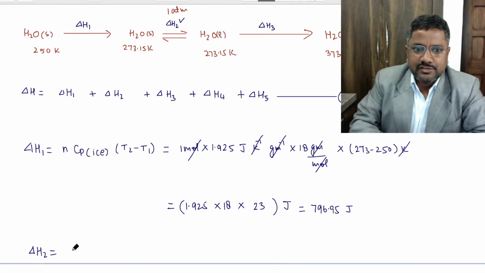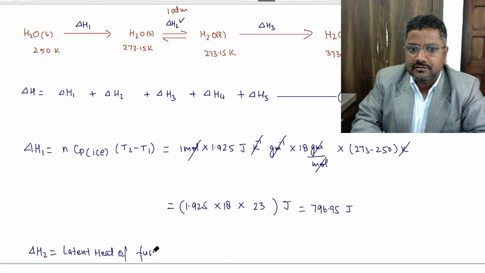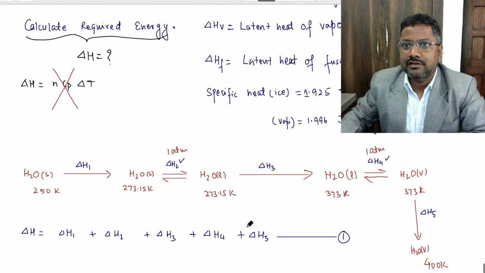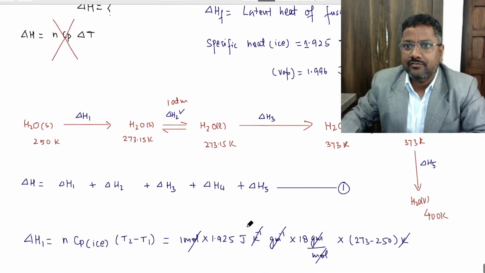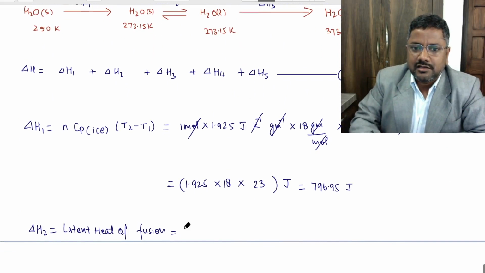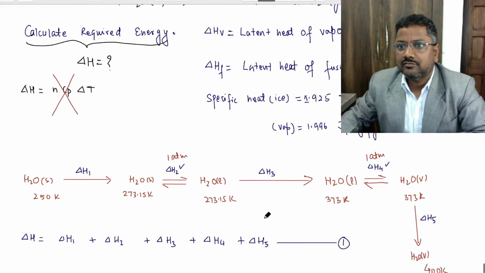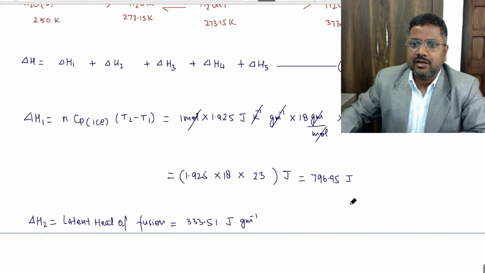So delta H2 is equal to the latent heat of fusion, and it is given: 333.51 joules per gram, right?